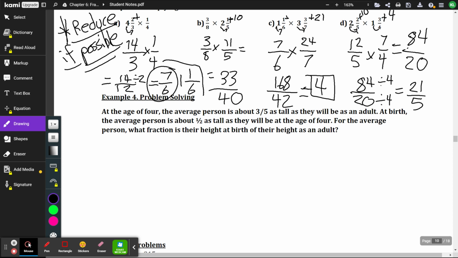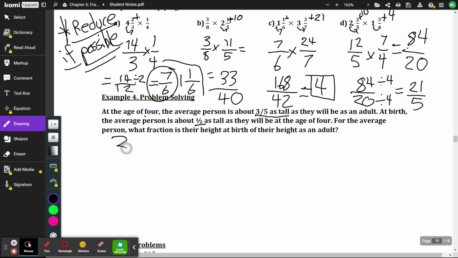So we know that the average person is 3/5 as tall as they will be as an adult when they are 4 years old. And the average person is half as tall as they will be at the age of 4 when they're born. So using these two fractions, I can do some calculations to figure out for the average person what fraction is their height at birth of their height as an adult.